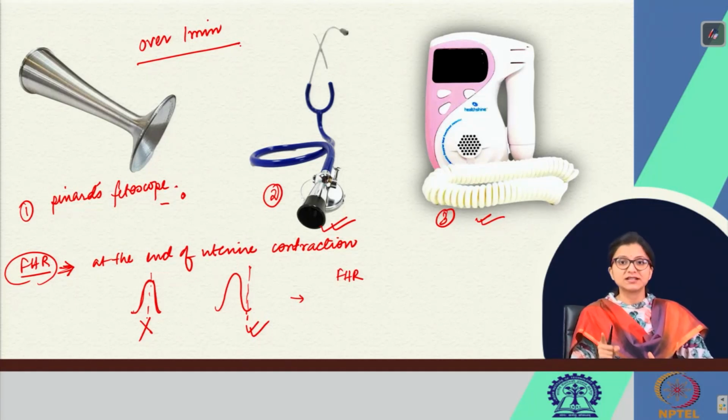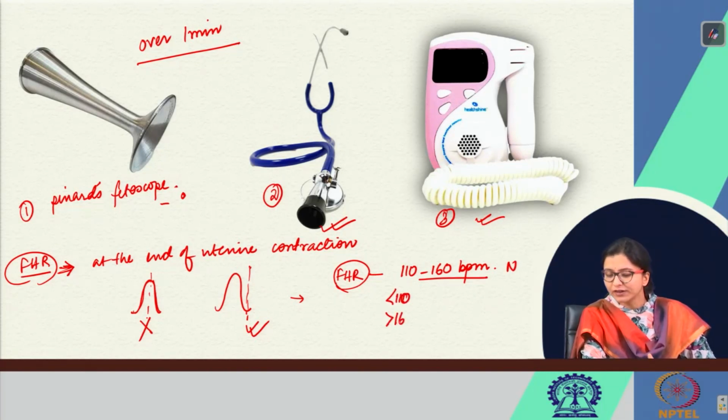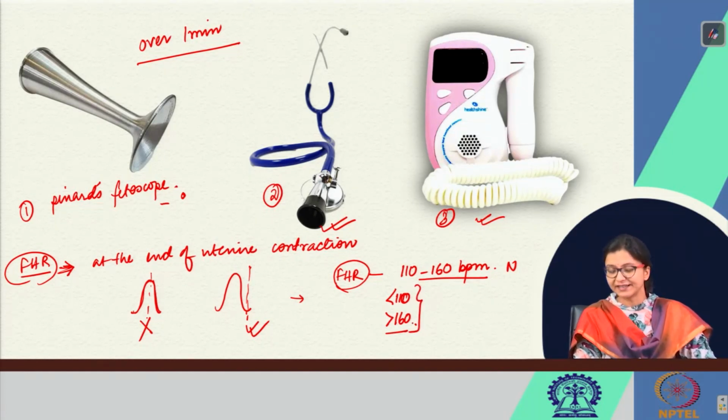You have to auscultate over a period of 1 minute, and then you calculate the FHR. If it is within 110 to 160 beats per minute, then it is normal. If less than 110 or more than 160, that is fetal bradycardia or tachycardia.